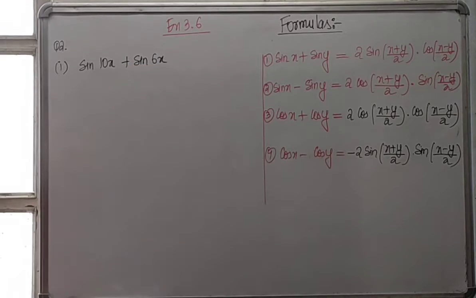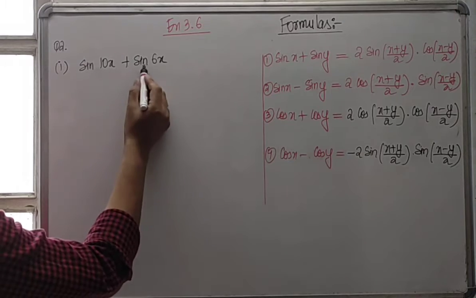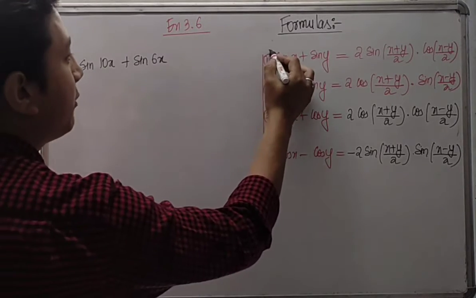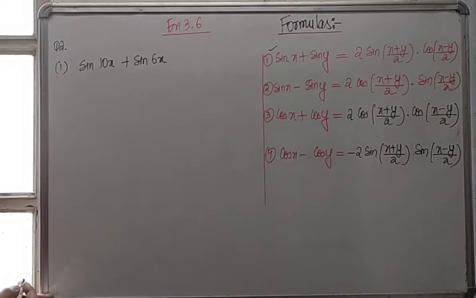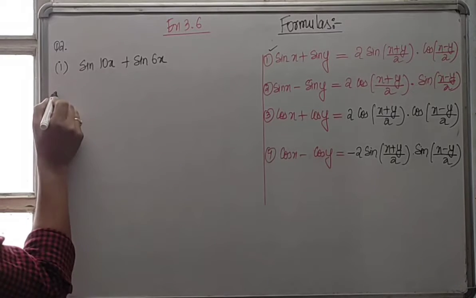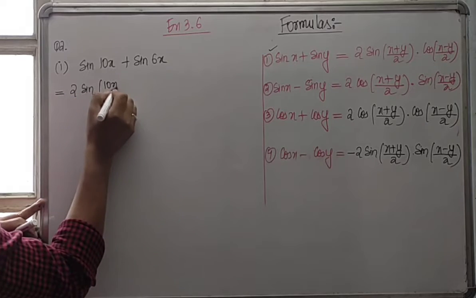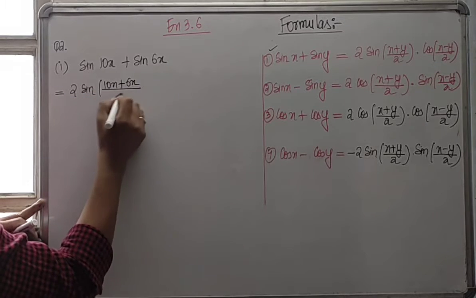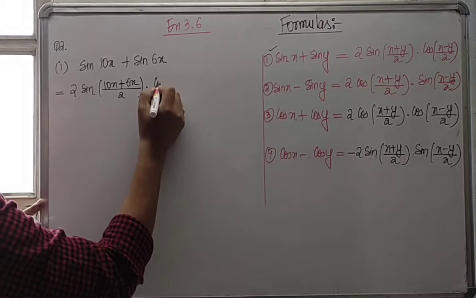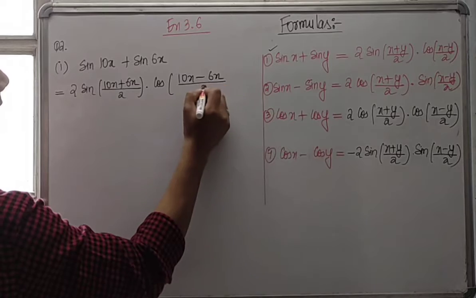So tell me which formula we can use here. Sine 10x plus sine 6x, so can I use formula number 1, sine x plus sine y? This is my x, this is my y. The formula says 2 sine (x plus y) divided by 2 into cos (x minus y) divided by 2.